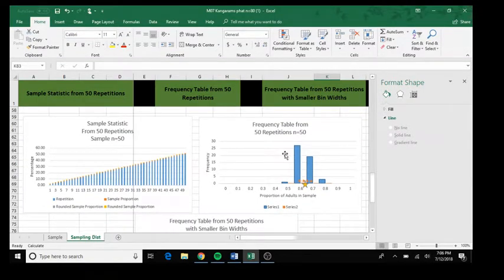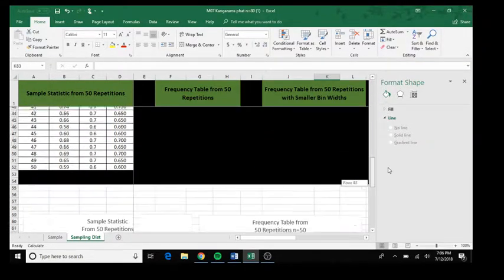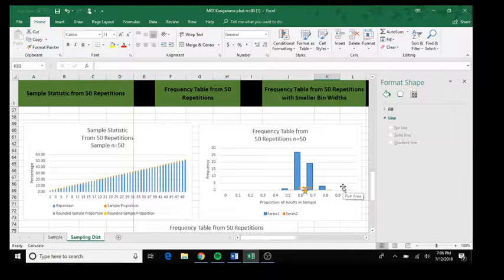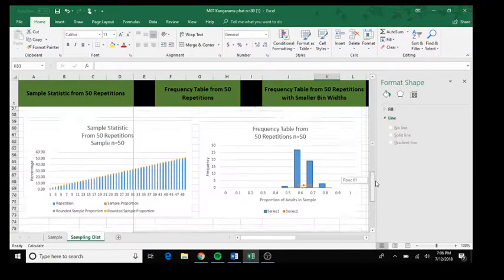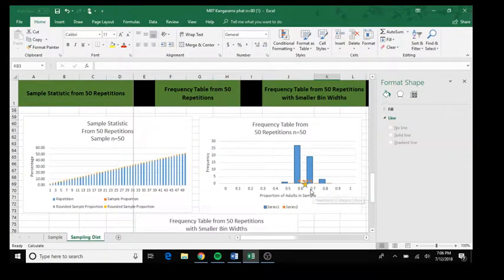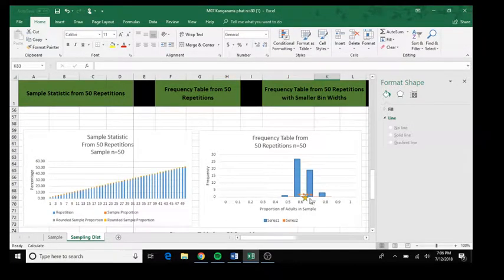And for my frequency table from 50 repetitions, which is the second table up here, this would be the zoomed out version of the chart because it's going by tens rather than 0.5. And since my mean is 0.64, I ended up putting my star right there, because since it's zoomed out, the mean can only go so high above and so low below.